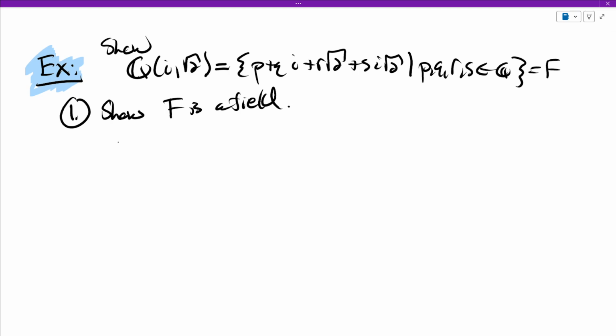The check that F is a subring is not hard. You use the subring test, and you have to multiply two expressions that have 4 terms, so 16 products. You sit there and you do it.